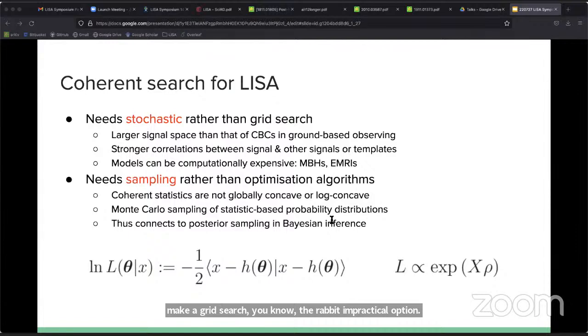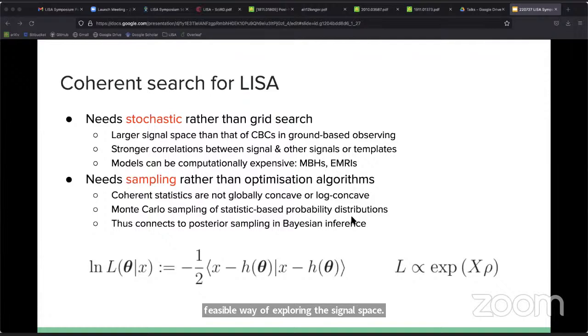Another important point is that we are constrained to use sampling rather than classical optimization algorithms. This is because the coherent statistics that we use are not globally concave or even log concave on the model space. In other words, Monte Carlo sampling of statistic-based probability distributions is a more feasible way of exploring the signal space.